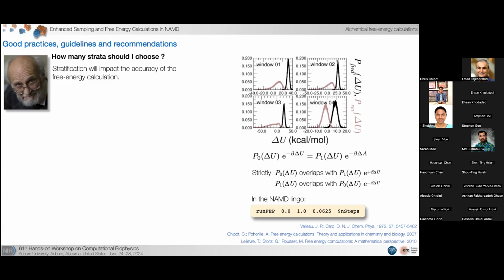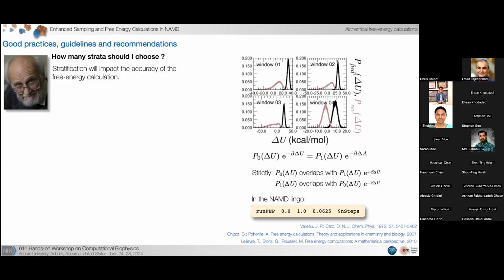If you divide 1 by 0.0625, that's 16. So it means that you're using 16 windows, and for each window, you're running n steps. And you define above what n steps should be.